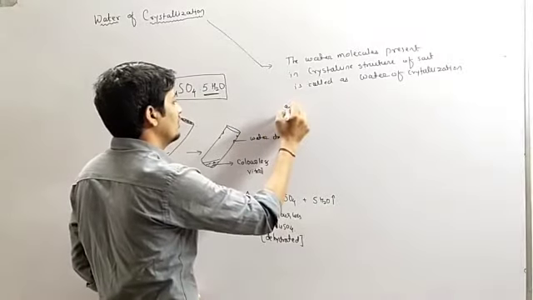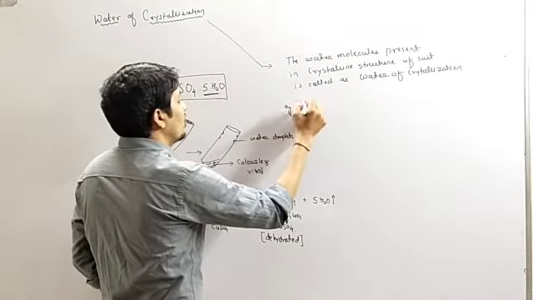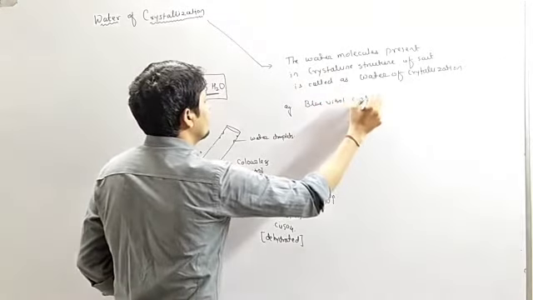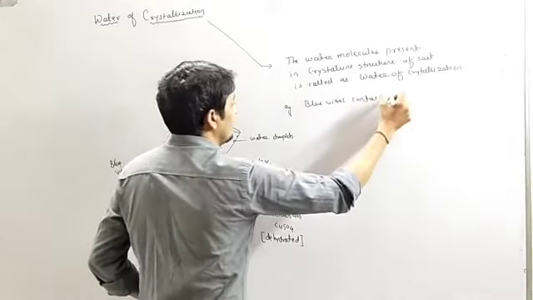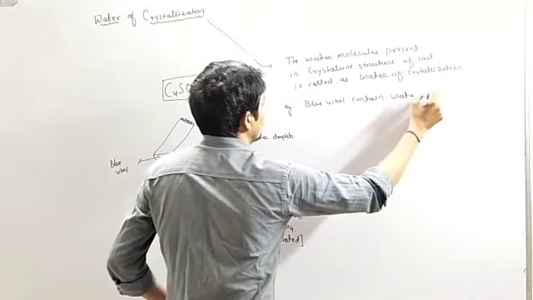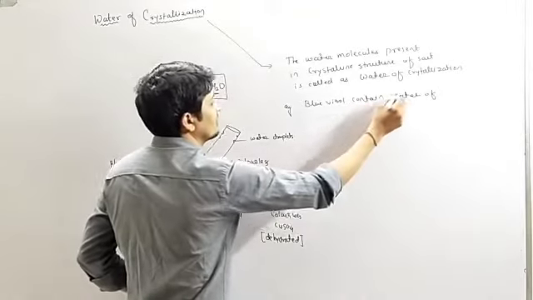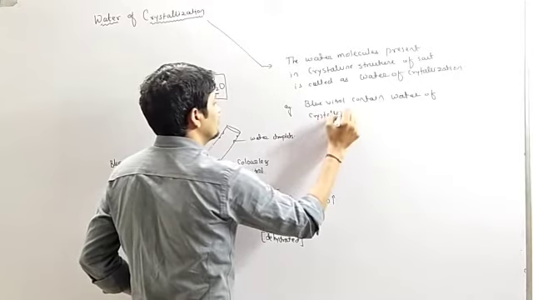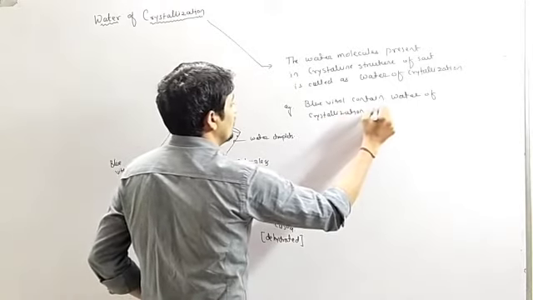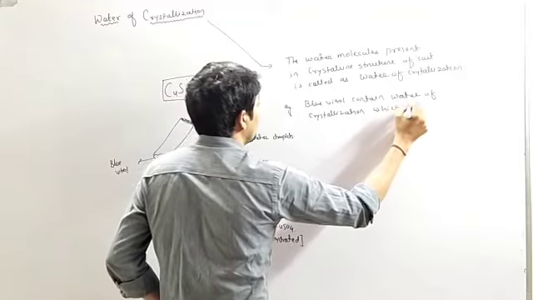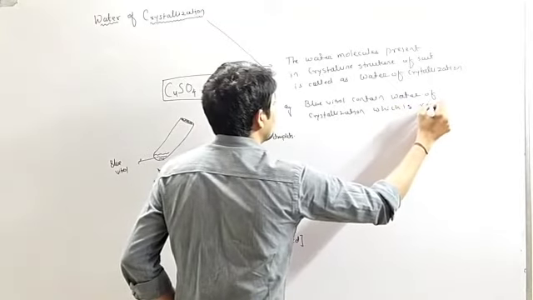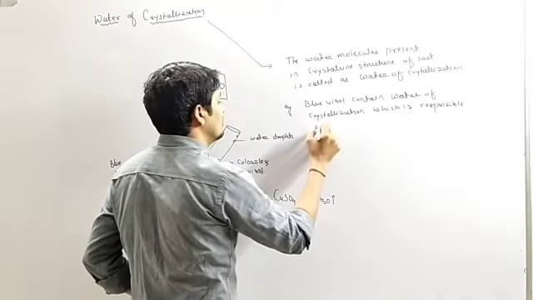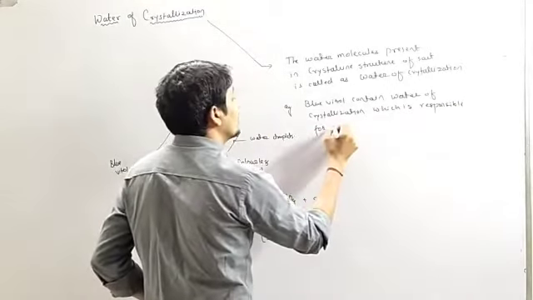Example: blue vitriol contains water of crystallization, which is responsible for its blue color.